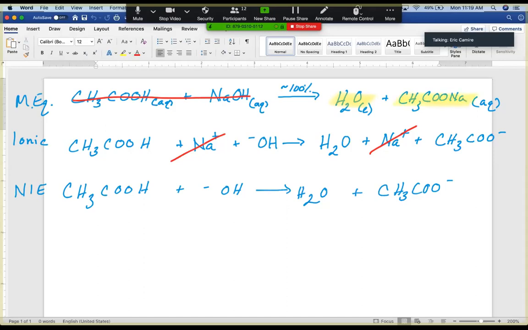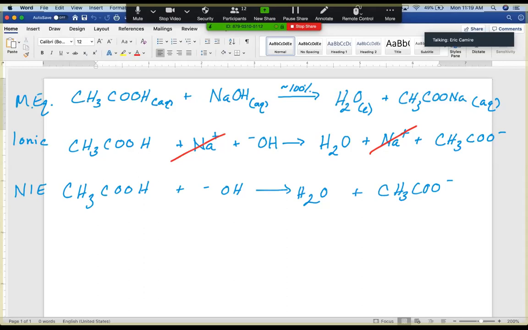The Na is not going to affect the pH because it is the conjugate acid of a very strong base, which is NaOH. However, you still have this acetate floating around. So like I'm saying, doing out the net ionic equation, it's a little easier to see because it kind of cleans it up a bit.